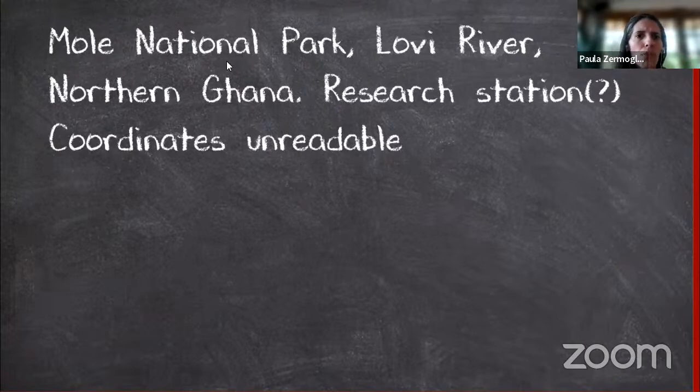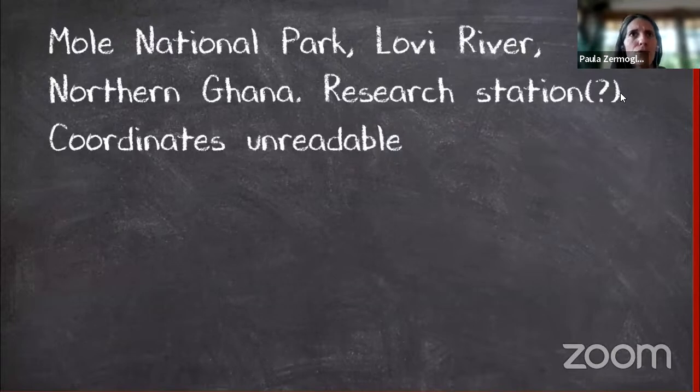We would put Malden National Park, Lobe River, Northern Ghana Research Station. We can use all that to fill in the locality field. We can also put only Malden National Park, Lobe River Research Station, without putting Northern Ghana in the locality field, if we're putting Northern Ghana in state province.